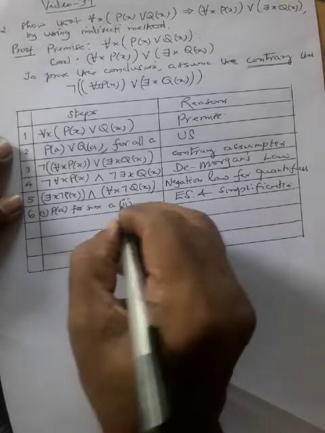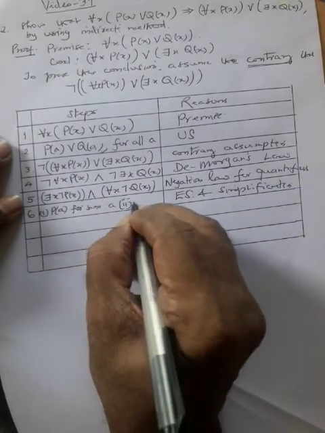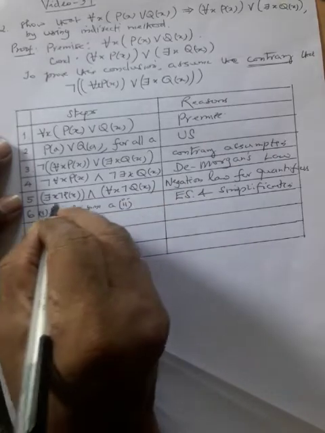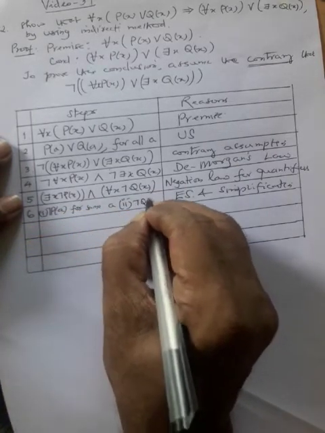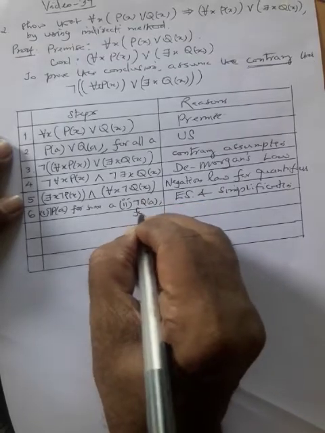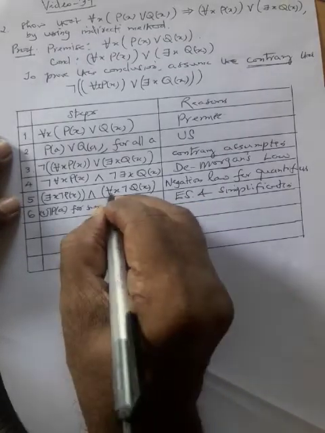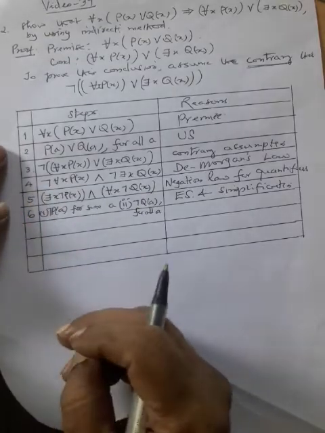Step 2 is for every a, this is negation p of a, this is negation q of a. This is for all a, because for every x, this is there exists x.